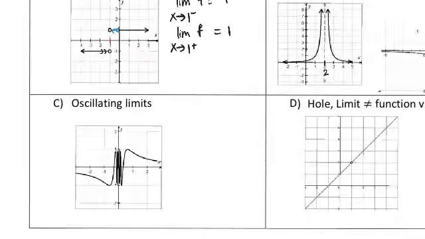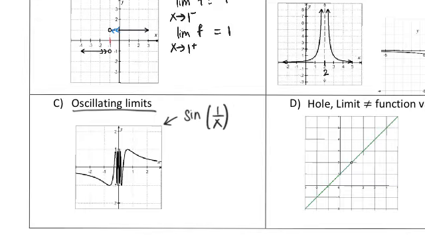A third type of discontinuity is called an oscillating limit, and this is a graph of the function sine of 1 over x, right? And so you can already see that x equals 0 is not in the domain of this function, right? So you cannot get a y value for x equals 0.